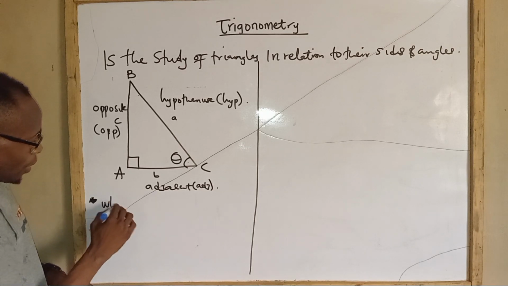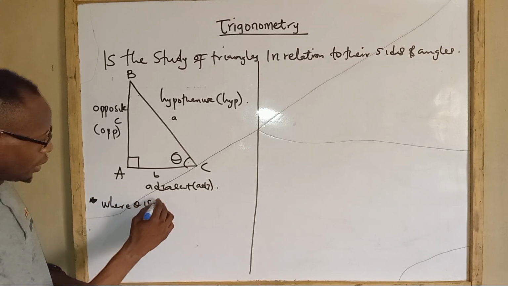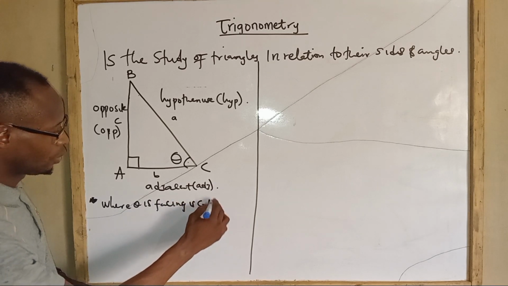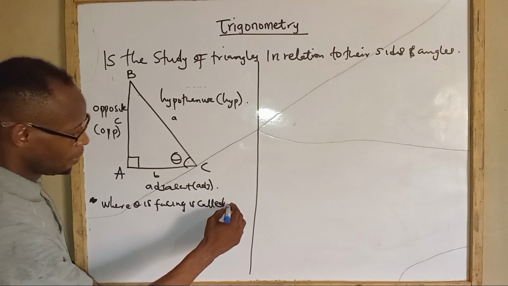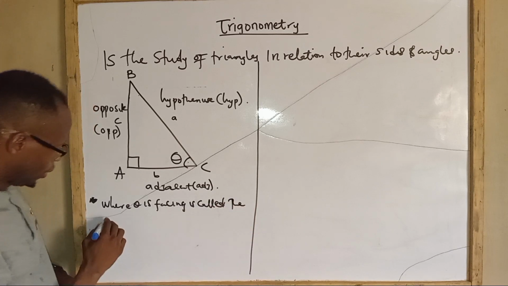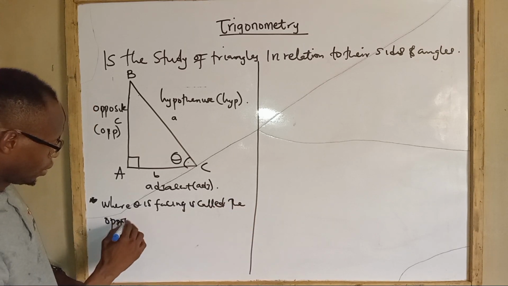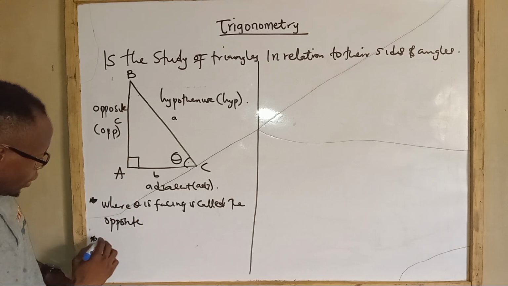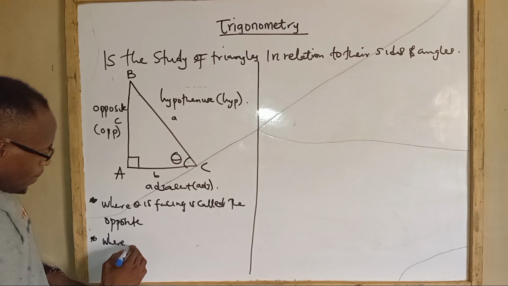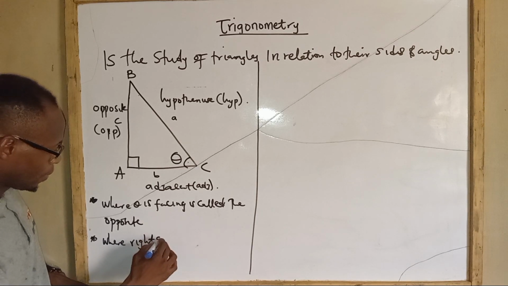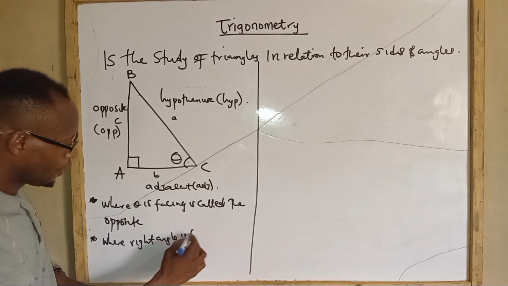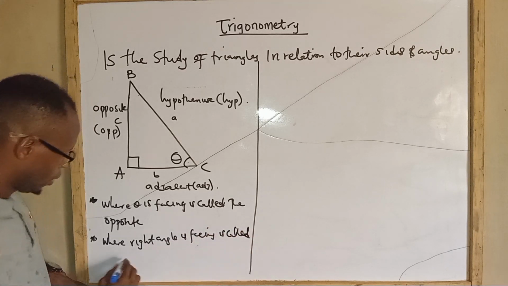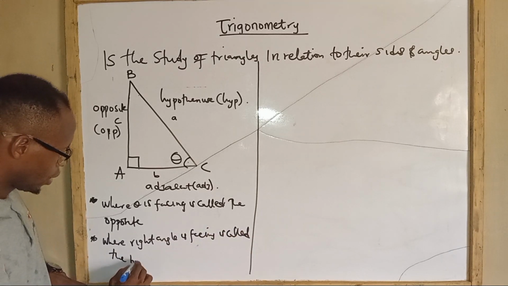I think I prefer to put this in words, in points, so that you understand. So let me start by saying where theta is facing is called the opposite. I'm just putting in words what I've said before. Then, similarly, where the right angle is facing is called the hypotenuse.